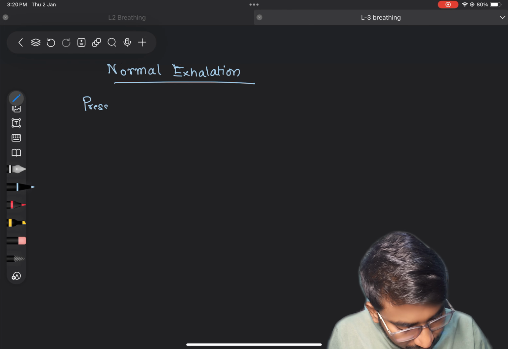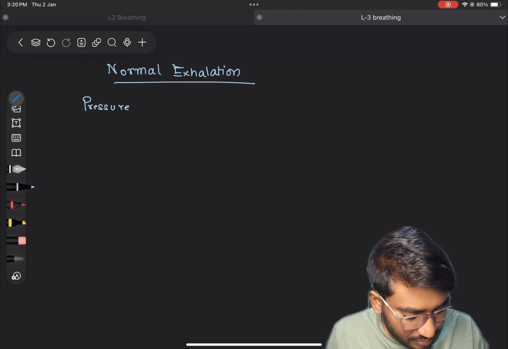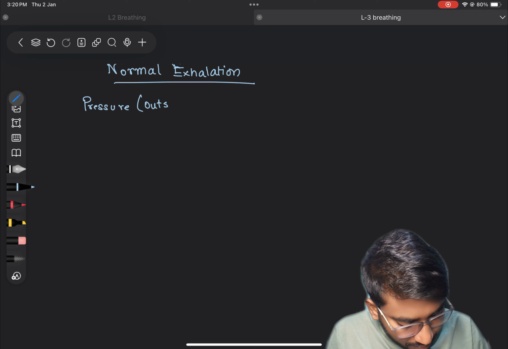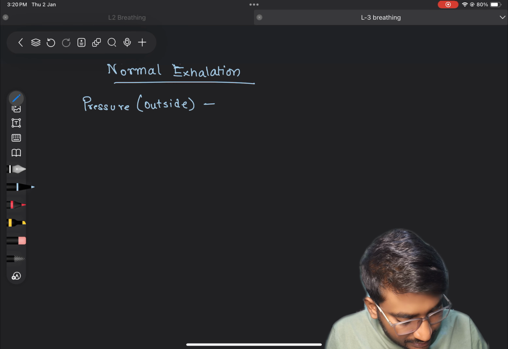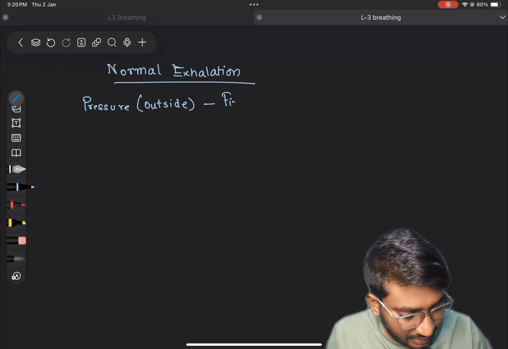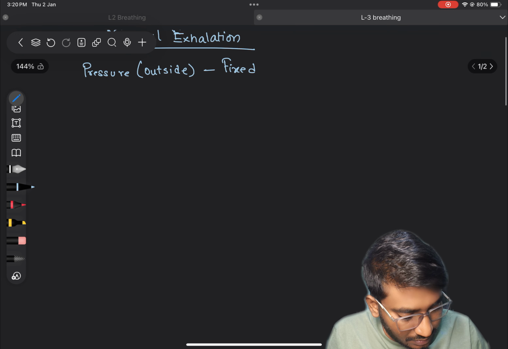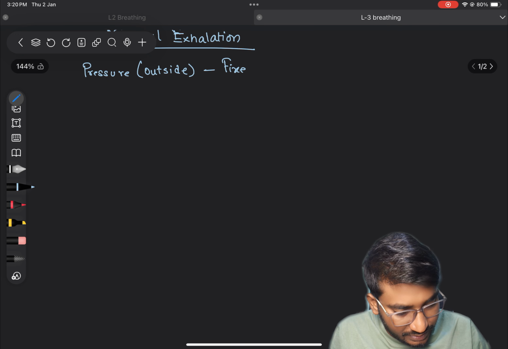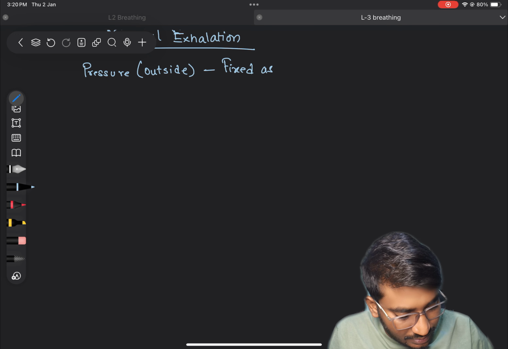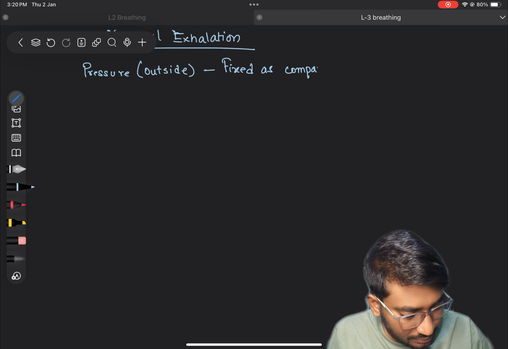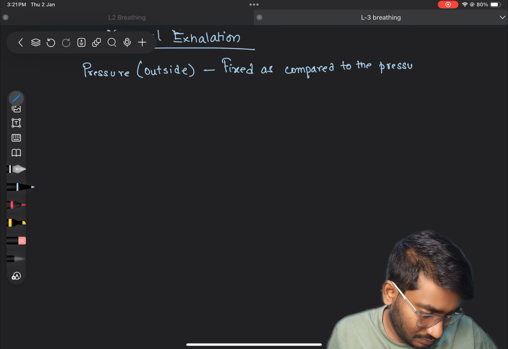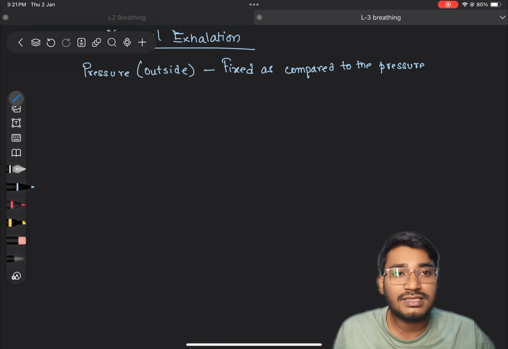From the previous lecture, we already know that the pressure outside, that is the atmospheric pressure, is fixed as compared to the pressure in the thoracic chamber.